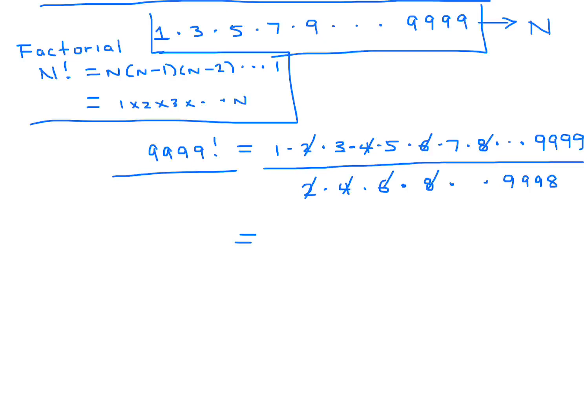So we've got 9999 factorial divided by 2 times 4 times 6 times 8, all the way up till 9998, would be equal to our n.